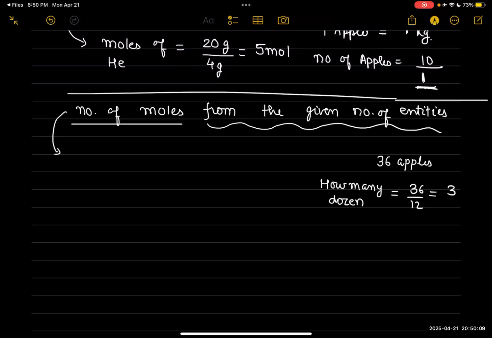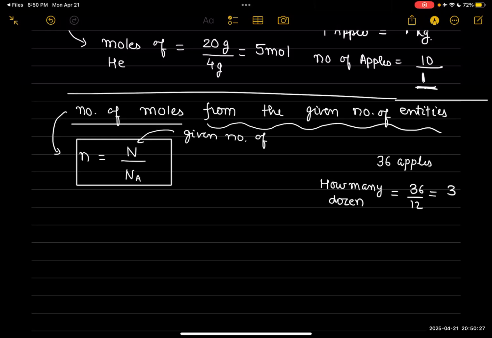Number of moles n equals number of entities divided by Avogadro number. I hope this is clear.